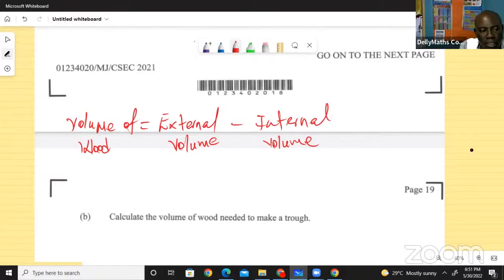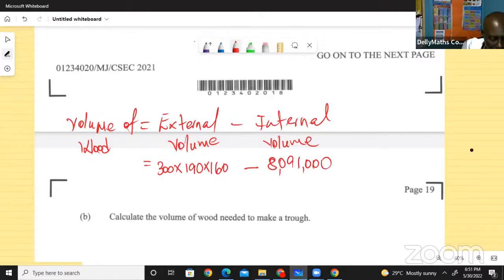Therefore, the external measurement would be 300 times 190 times 160. Remember, we have the volume for the internal already, which is 8,091,000. So we got that measurement already.